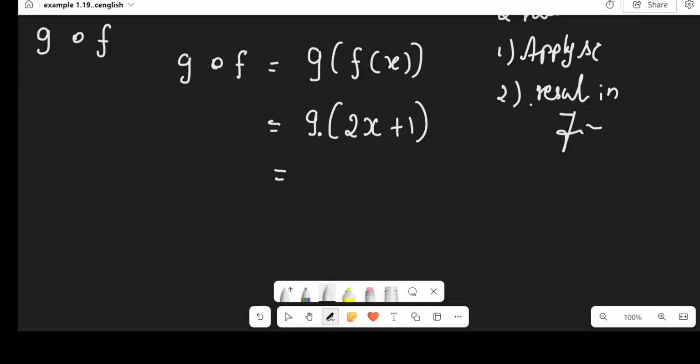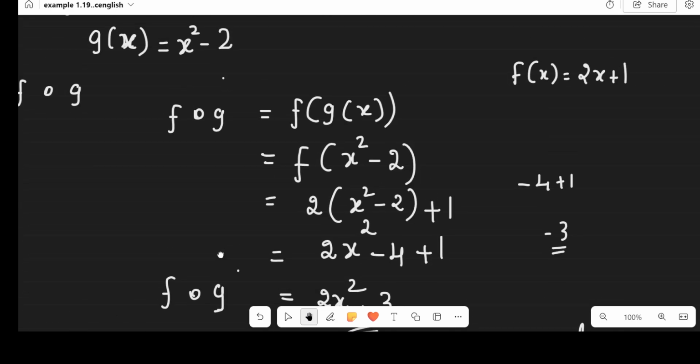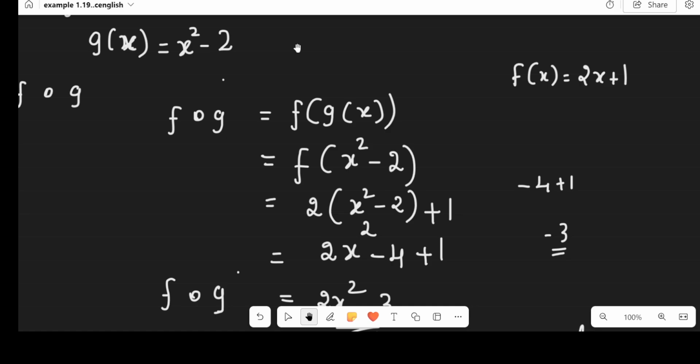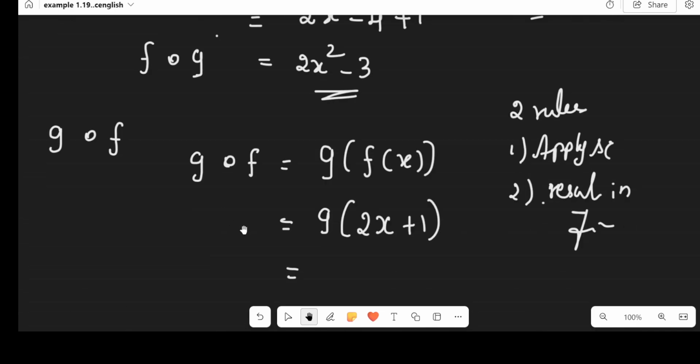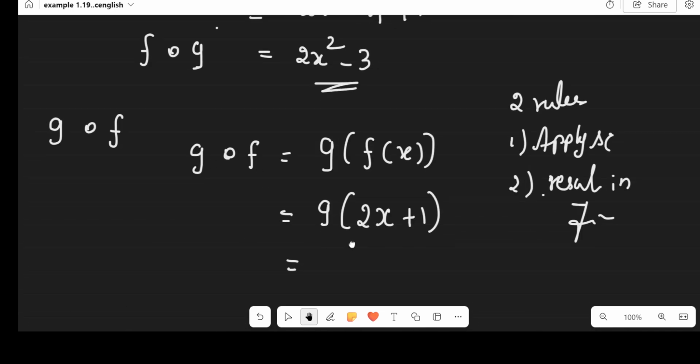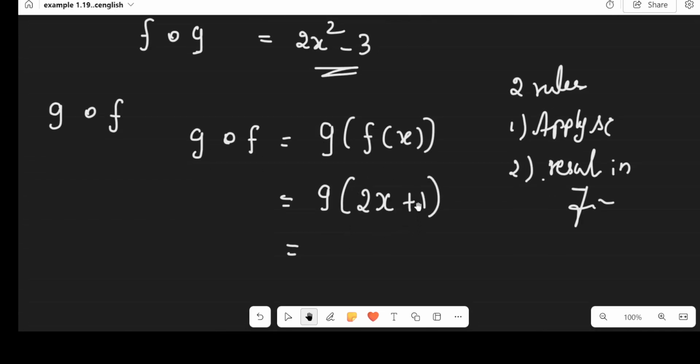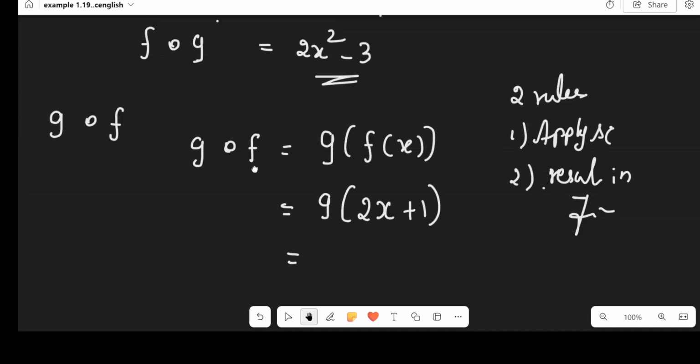What is the first function? G of x. Here g of x is the first function, f of x is the second function. Now we are going to apply the result in g of x.